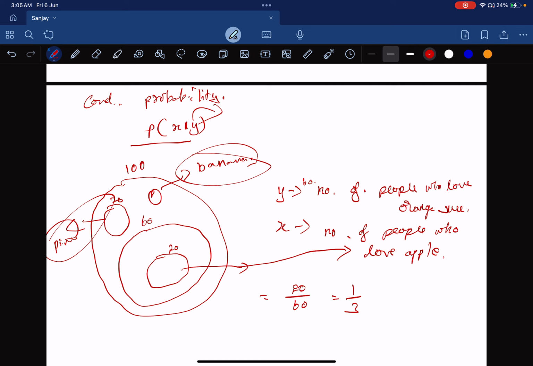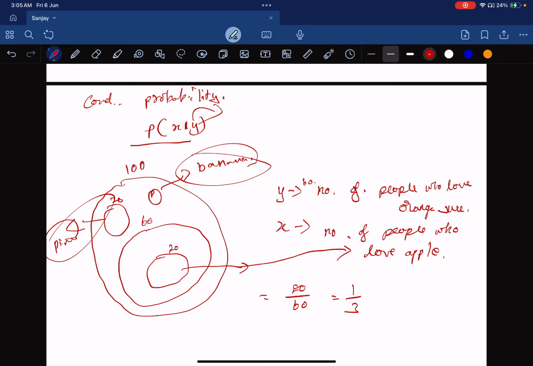So it's the conditional probability of x given y, where here y is orange juice. Here it is the number of people who love apple juice in the orange juice world.